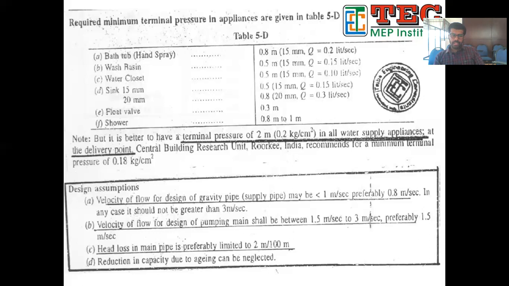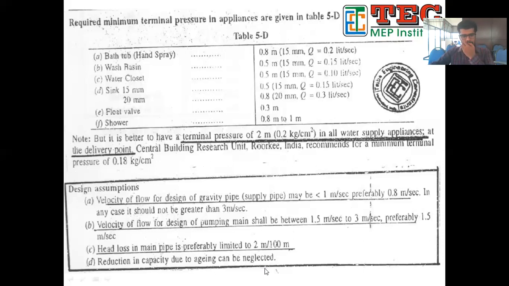Then another design assumption is that the head loss or the friction loss in the main pipe is preferably limited to 2 meter per 100 meter. So in a 100 meter length, 2 meter should be the head loss of the main pipe. Then reduction in capacity due to aging can be neglected.